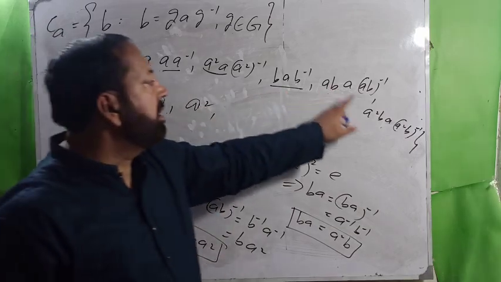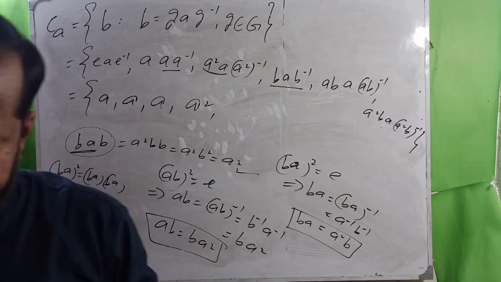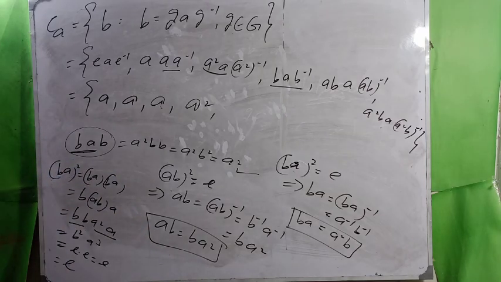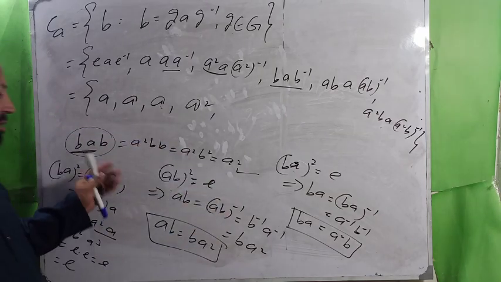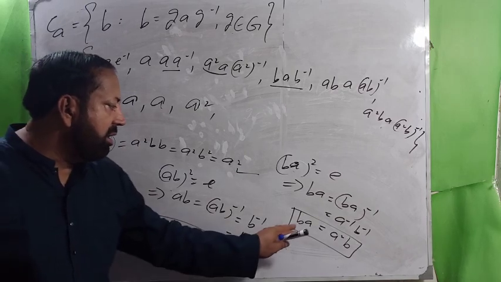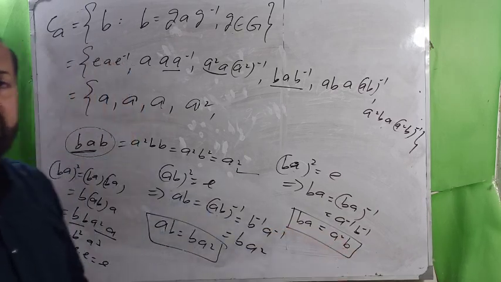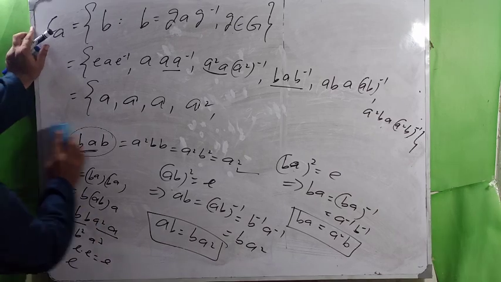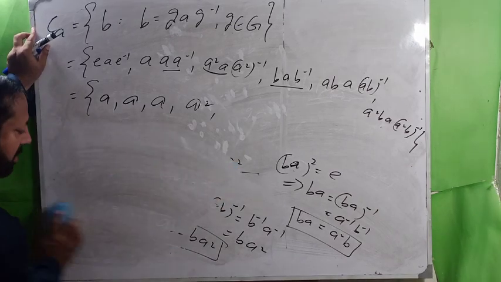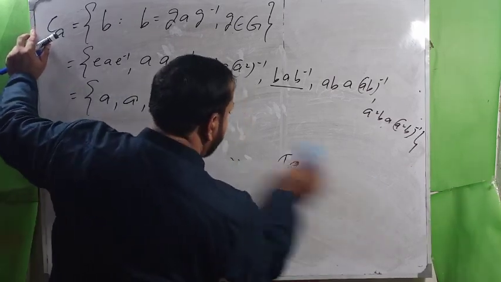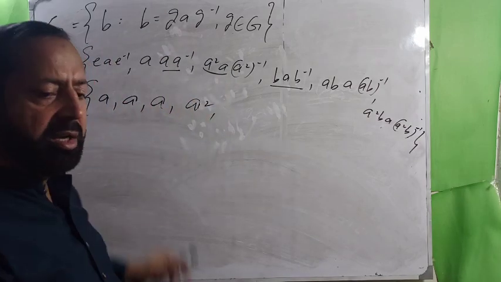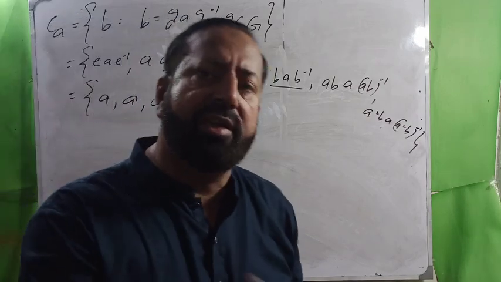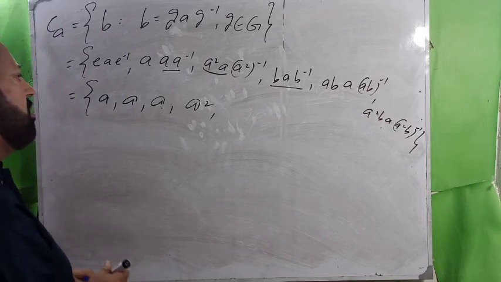Now we will find this and this. You can play this game by using this information. Remember, A is equal to B square and B is equal to A square B. These are not different elements. We already have BA in S3 and also BA square in S3. So these are not new elements.